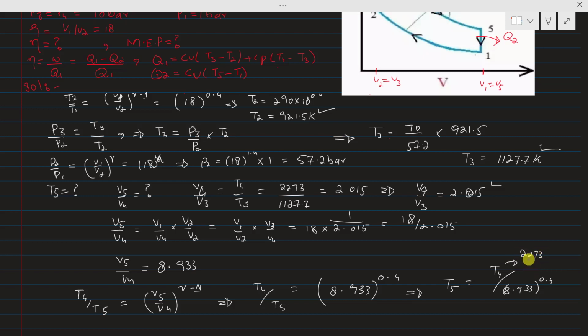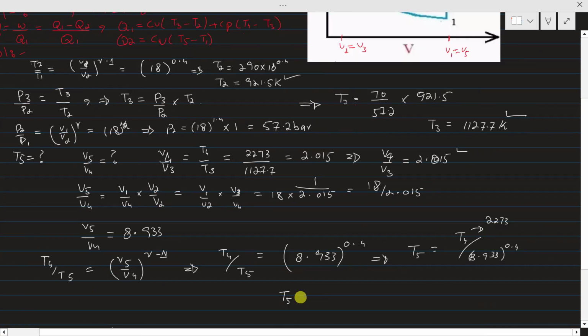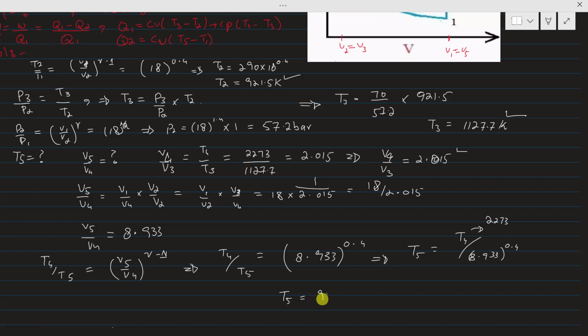So divide 273 on calculator by this value, we will get the T5 value. So here T5 is equal to 946.6 Kelvin. So this is T5 value.